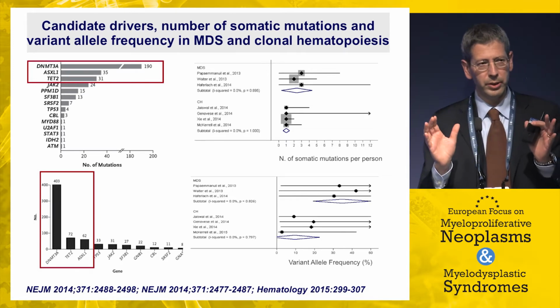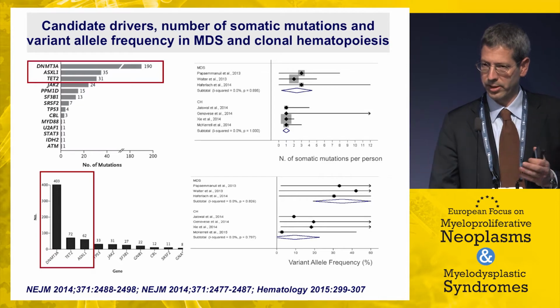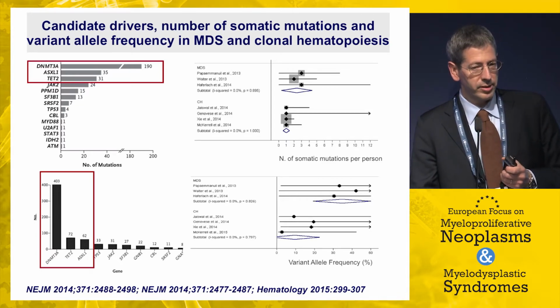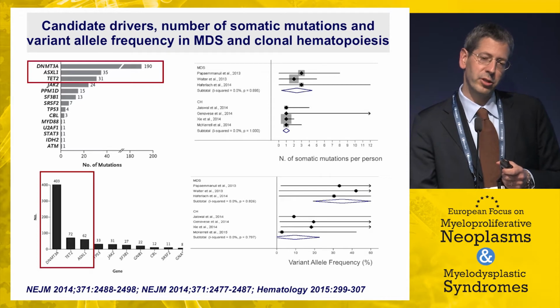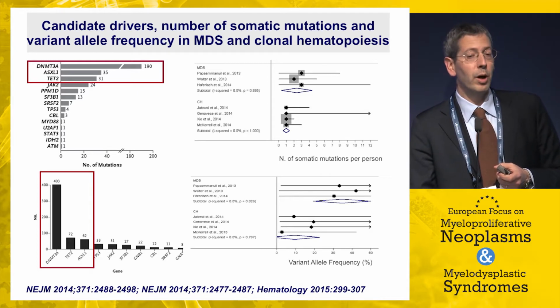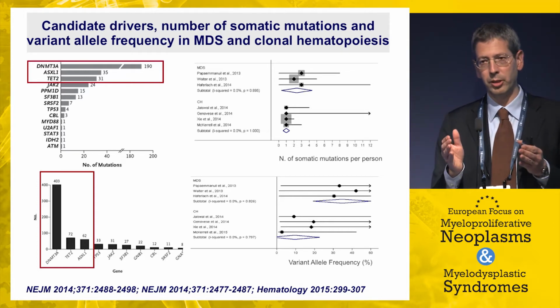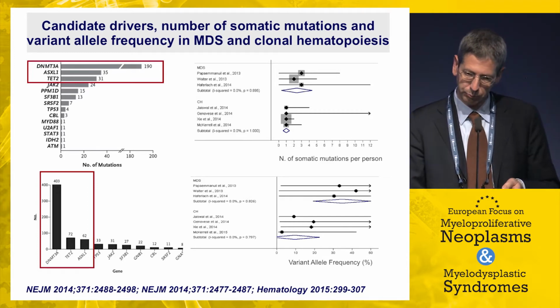Whereas patients receiving a diagnosis of myelodysplastic syndromes, at the time of diagnosis, usually have 2 or more somatic mutations. So this suggests that subjects with these age-related hematopoietic clones may have acquired the first genetic event that is driving the expansion of a hematopoietic clone without any hematologic phenotype.